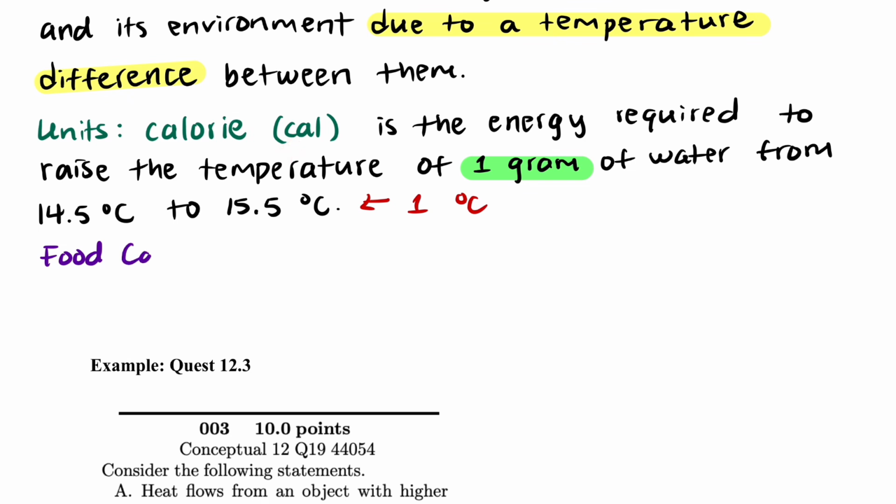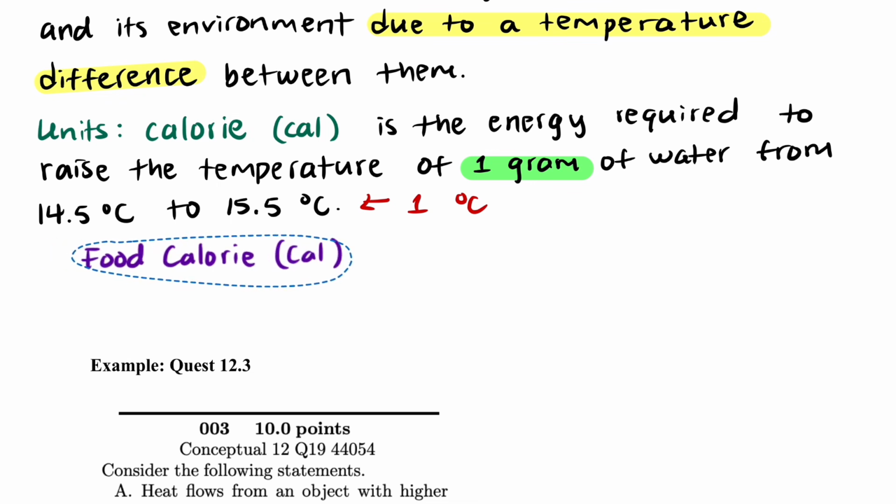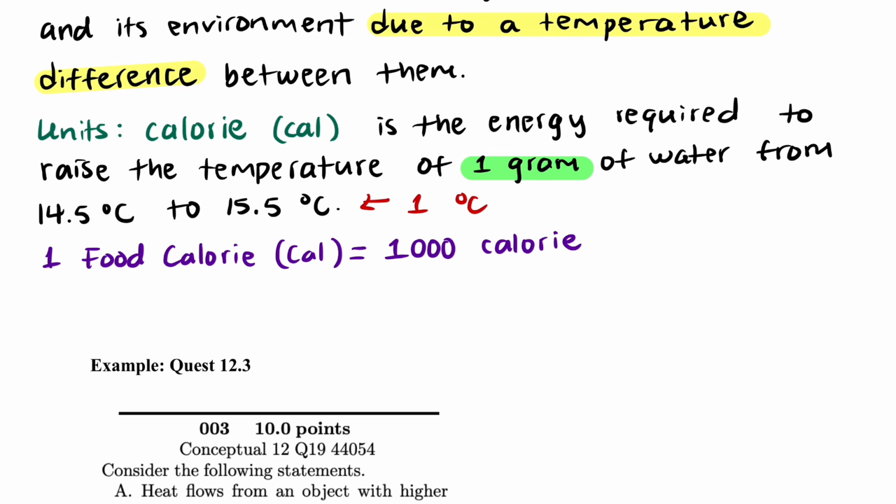So a food calorie, likewise I'm using a capital C. The abbreviation for food calorie is capital C, al. Let's say 1 food calorie, to be more precise, is equal to 1,000 calories with lowercase c.